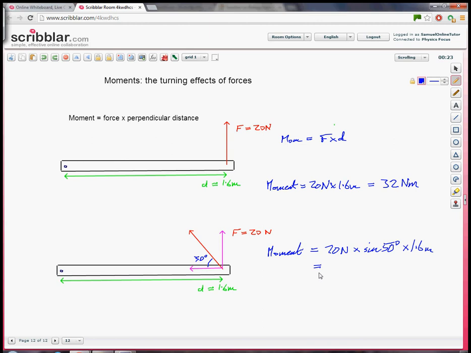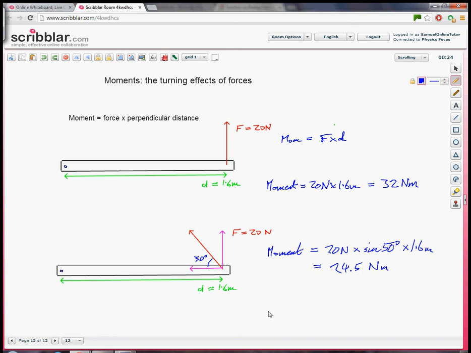I'm afraid I don't know the sine of 50 degrees in my head. I make that 24.5 Newton meters. So a bit less than it was with that size force at right angles.